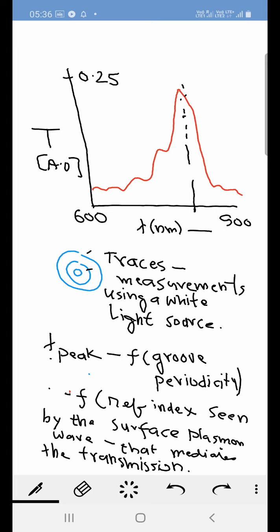Now, the geometry of the corrugation on the backside of the structure greatly affects the near field and far field. So geometry is also important.